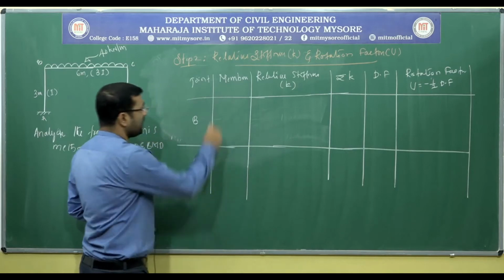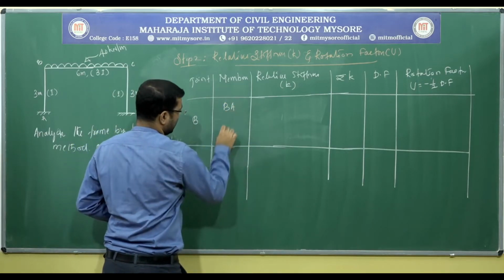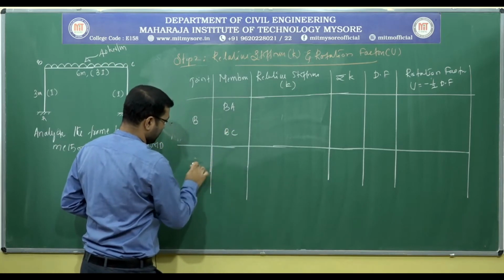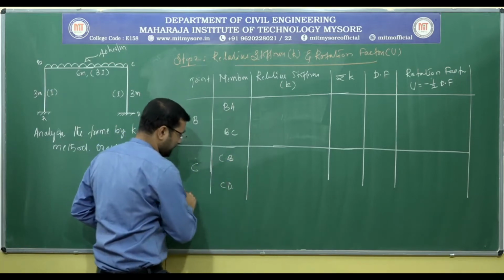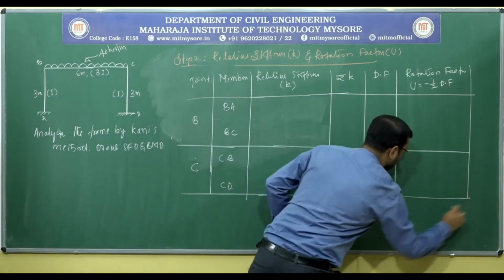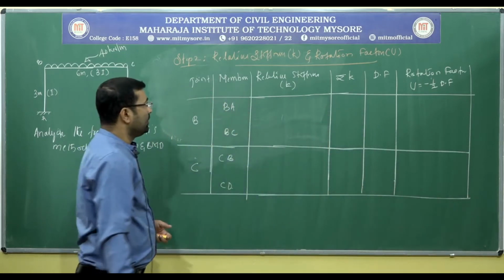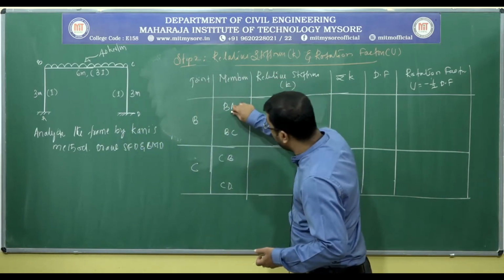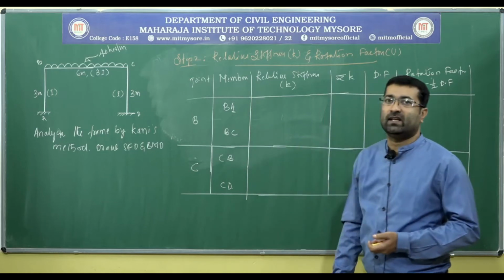Now at joint B we have two members, BA and BC. Similarly at joint C we have CB and CD. Now for member BA, A is the far end and it is fixed in nature.